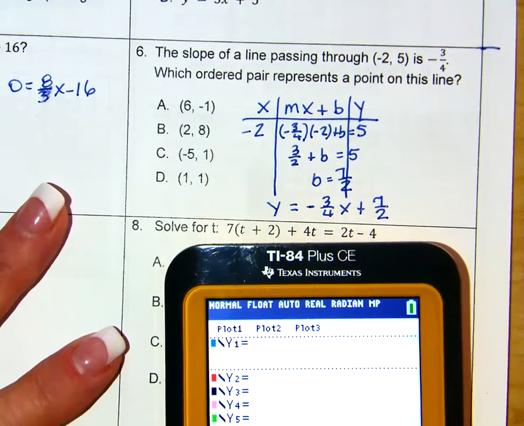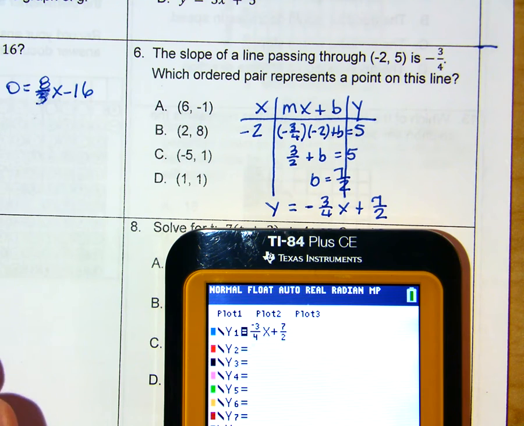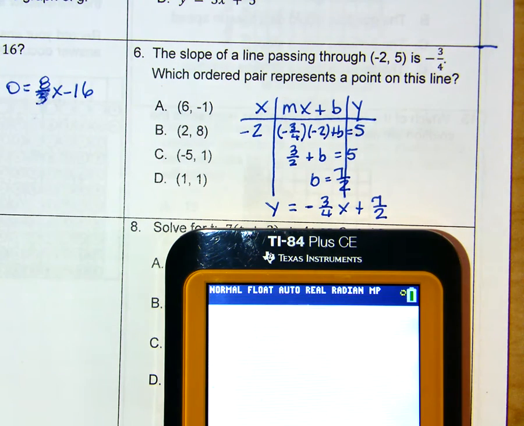We're going to put our new equation in there of negative 3/4 x plus 7/2. Now I want to look at the table of values and find one of these points in that table of values.